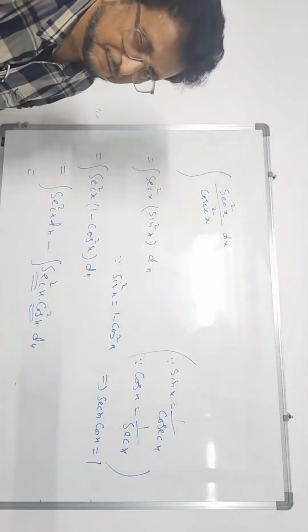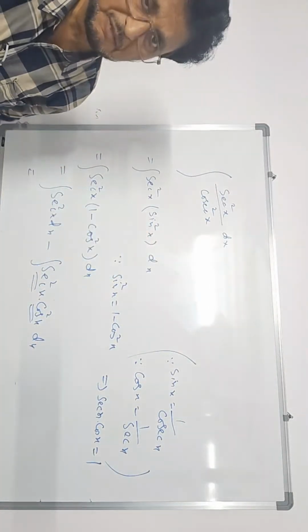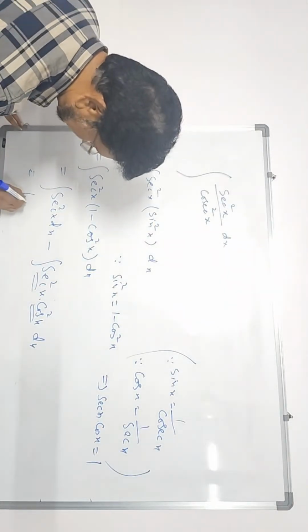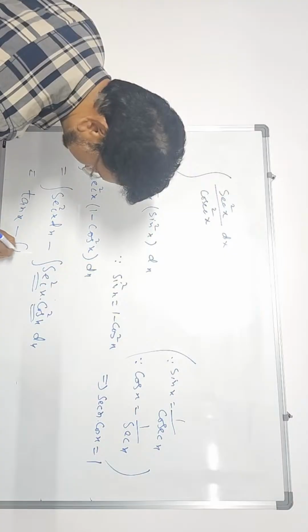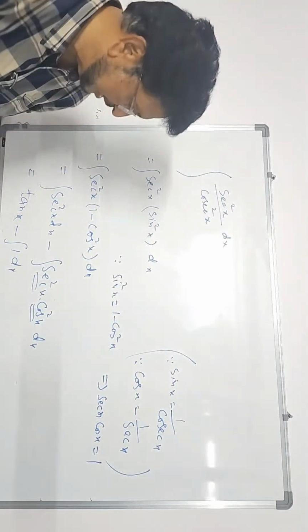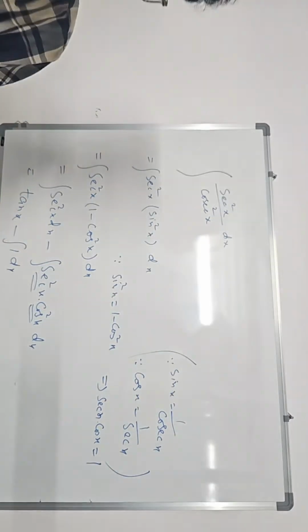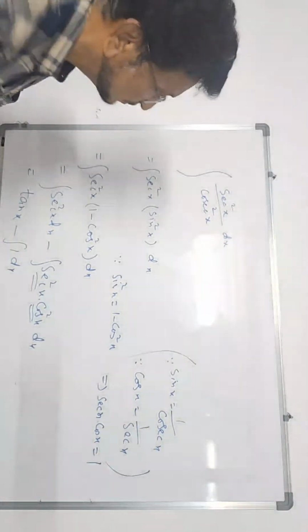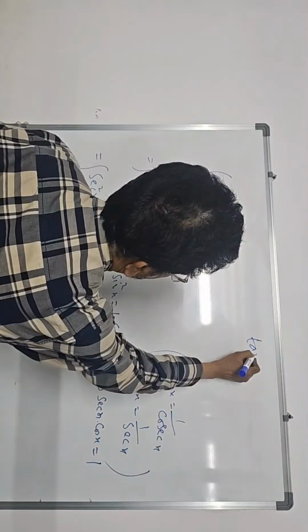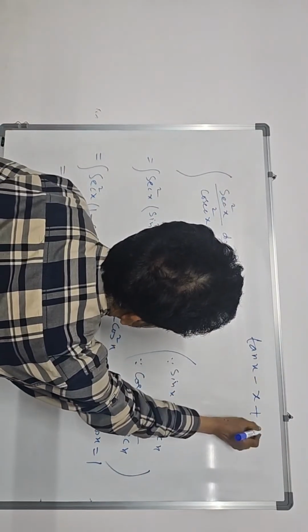And the integration of sec square we have studied in the previous question, that it is tan x. This value is 1. Integration of 1, I have told you, is x. Therefore, the final answer is tan x minus x plus c.